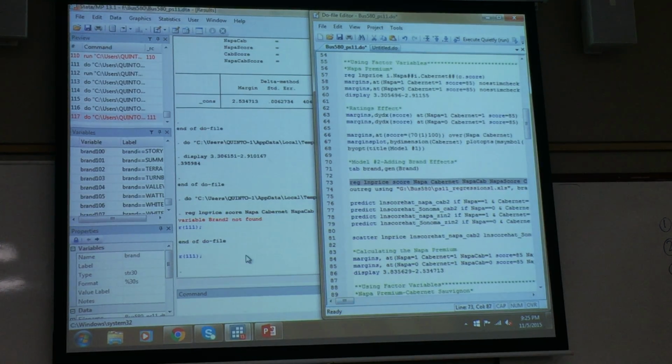Why is it not recognizing frame two? Frame two has it.